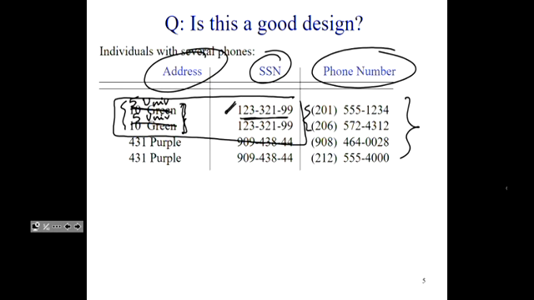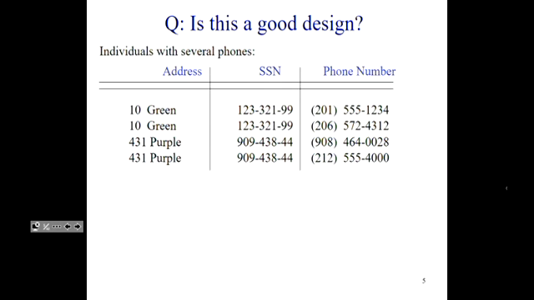Okay, so the last issue is that when doing deletions, you need to be careful. Let's say this SSN said, you know what, this phone number is no longer active. Please go ahead and delete that from the database.